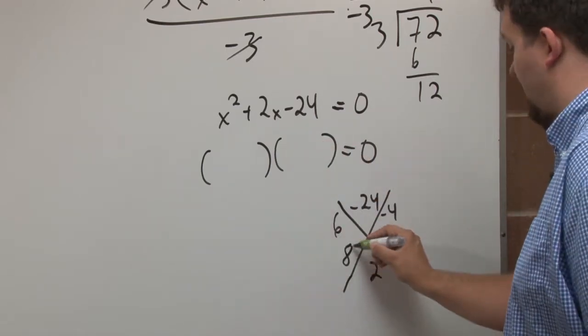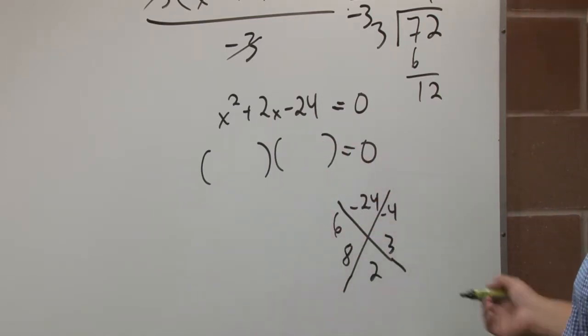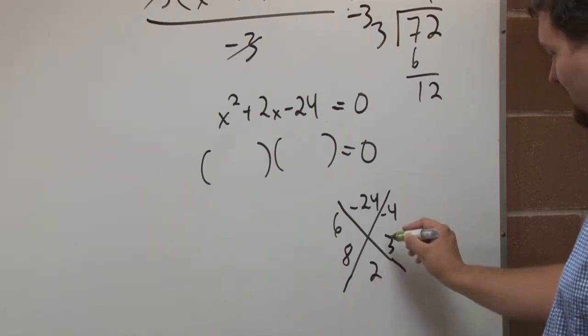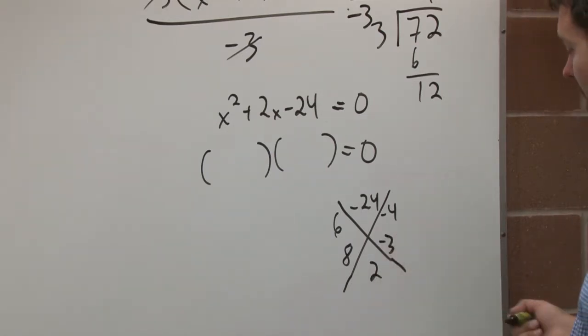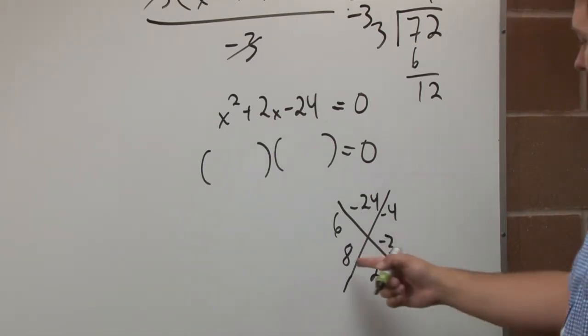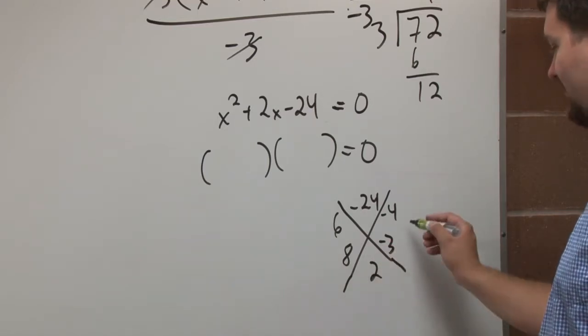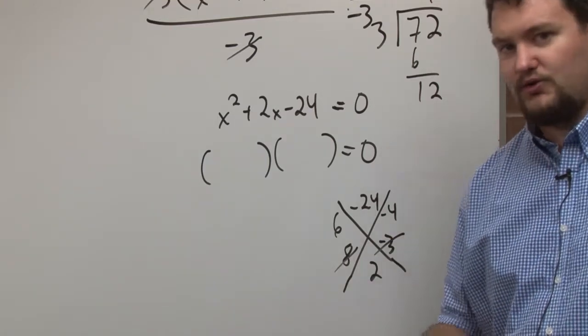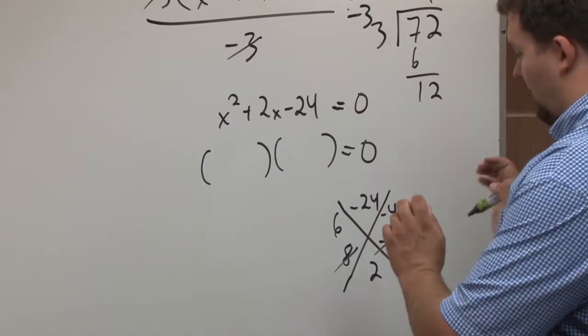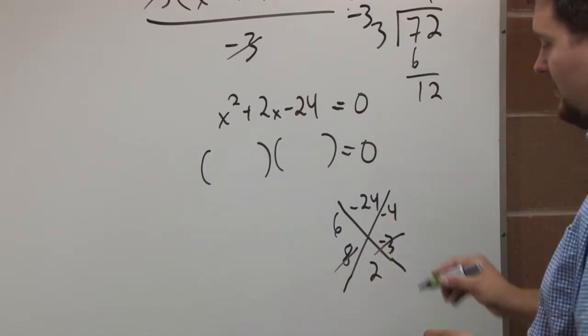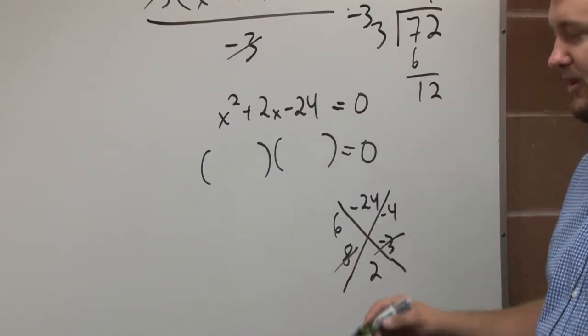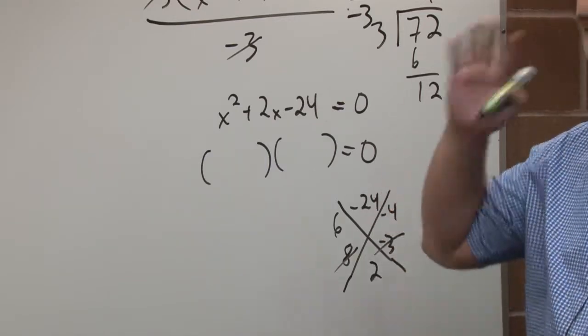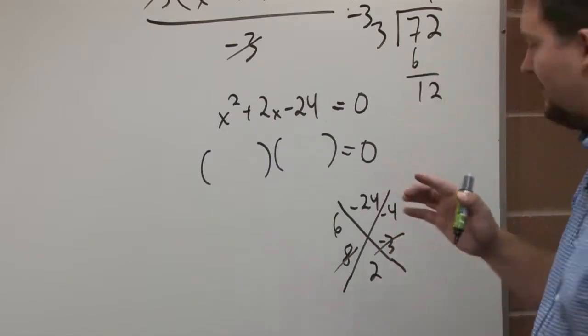You know, what if I'd had thought of 8 and 3 first? Well, I have to make one of them negative for the multiplication. He has to be positive, so I'll make the smaller guy into a negative. But even 8 minus 3 is only 5, so that doesn't work, and I just cross it off. So I strongly recommend that you write down everything you think of and just check it. If it doesn't work, cross it off. It's better to write it down and get rid of it than to just try and dismiss it in your head.